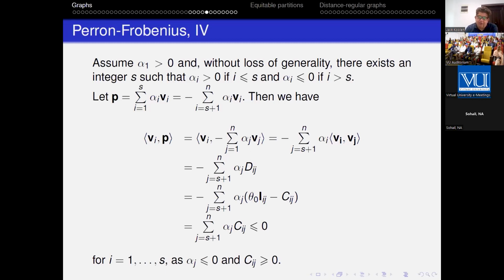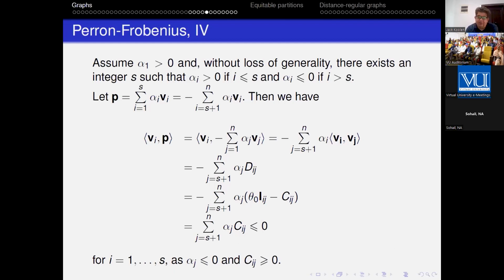So we first assume i is at most s. Then we calculate this; we can write the definition, but because i is not equal to j, we see that the theta part disappears, and then the two minuses disappear with each other.